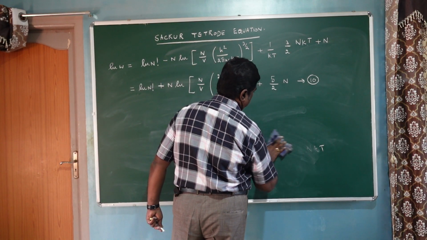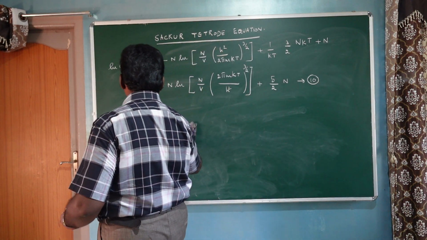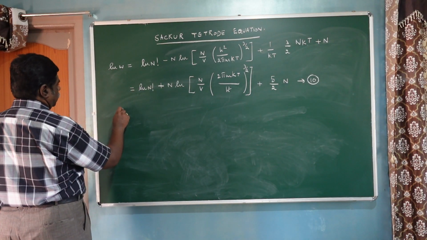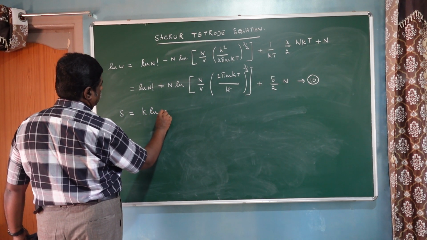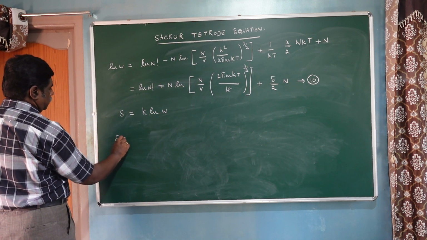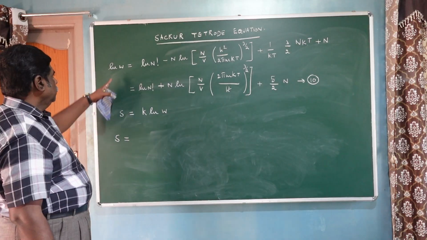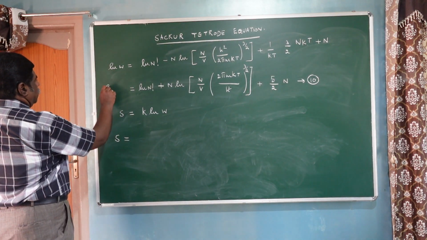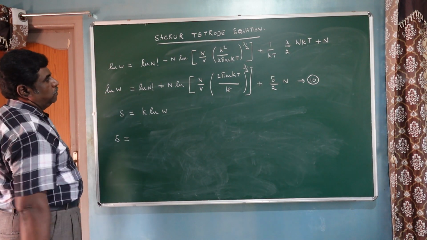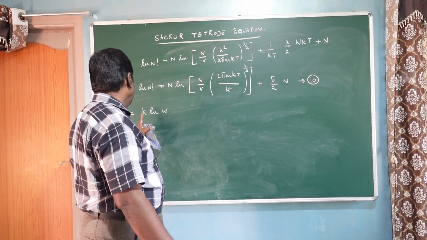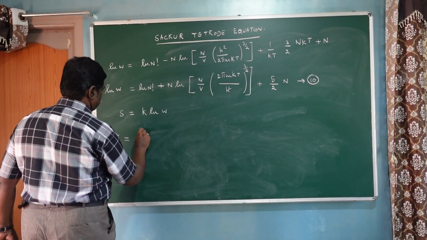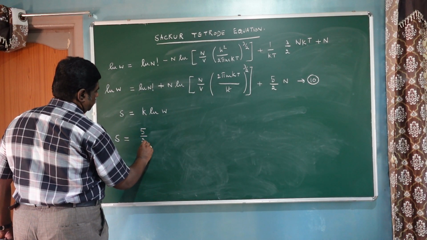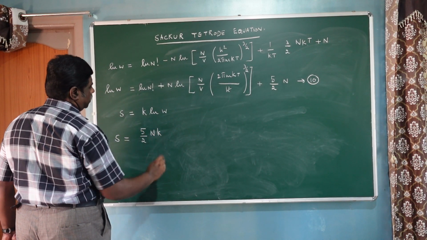S equal to k ln W, the relation connecting entropy and thermodynamical property. This is ln W. Equation 10 provides the value of ln W. Now we have to write k ln W. Take this term first, 5 by 2 nk.